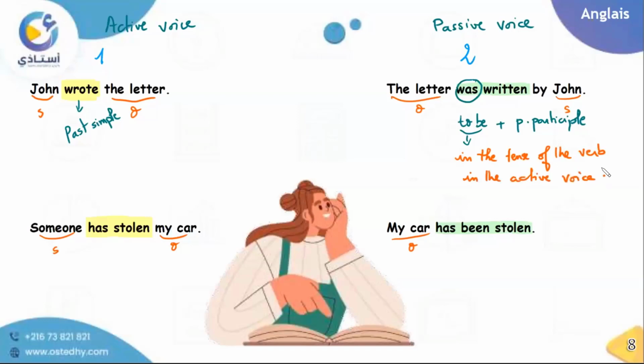Okay? To be is always in the tense of the verb in the active voice, plus the past participle. It's either verb plus ed or it can be irregular, so you need to know it by heart. Okay?